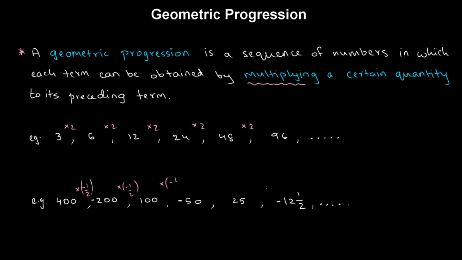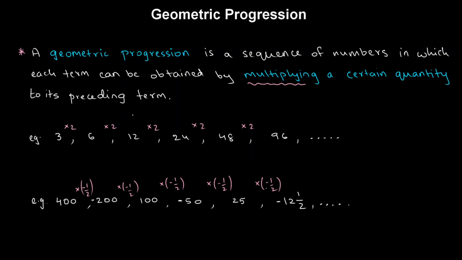That into negative half, or minus 0.5, will give me negative 50. Into negative half will give me 25. Into negative half will give me minus 12 1 upon 2, right? So here as well, we've multiplied each preceding term by minus 1 by 2, or you could also say that we've divided each term by 2, but let's stick to the nomenclature of multiplication.